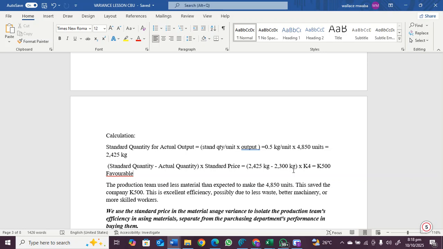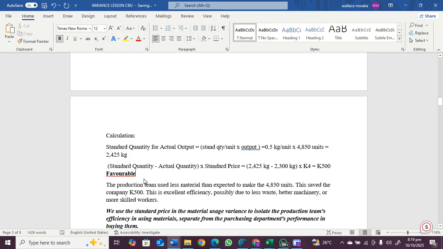Okay, and if we go according to our standard cost, which was 4 kwacha per kg, say 125 times 4, we get 500 kwacha, which is favorable. So basically, we used less materials than expected. So it's like we've saved some materials. That's why we're saying this variance is favorable.